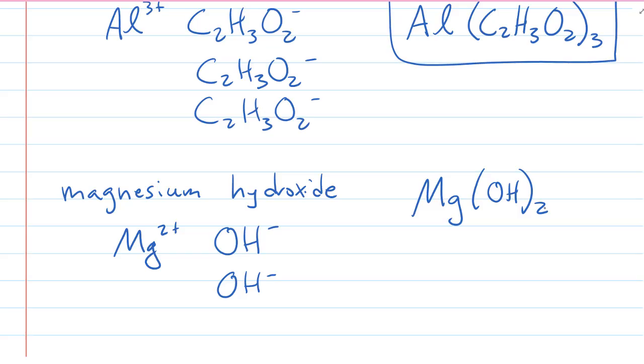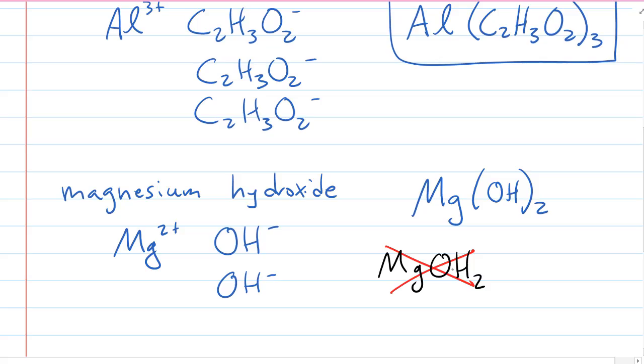In this case, we have 2 hydroxide ions, we need to put it in. This is one that I most commonly would see a mistake of, and most commonly I see it written like this. This is not correct, because of course if we write it like this, how many oxygens are we showing? 1. Just 1. And we want to show that there's 2 oxygens in the formula here. And that group, that hydroxide, is a polyatomic ion that sticks together.